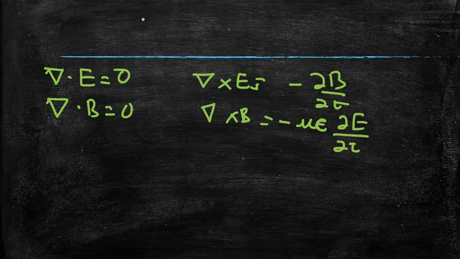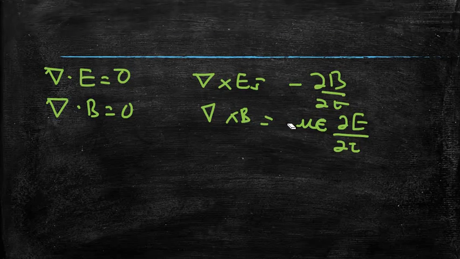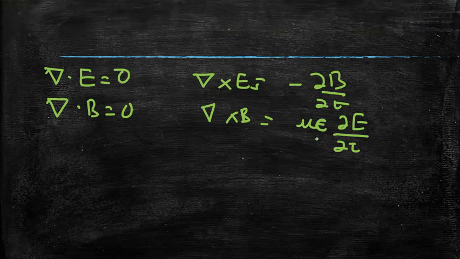There will not be any minus sign actually. Sorry. So this will be mu epsilon instead of mu 0 epsilon 0. We know in matter it comes out to be mu epsilon. Again, it satisfies the wave equation, and we get the velocity as 1 by root of mu epsilon.